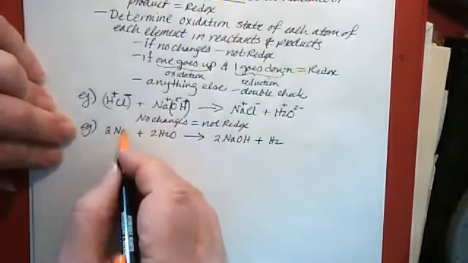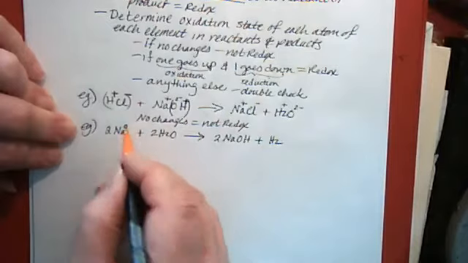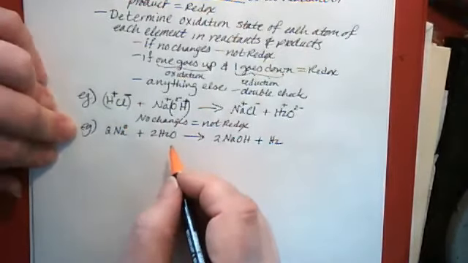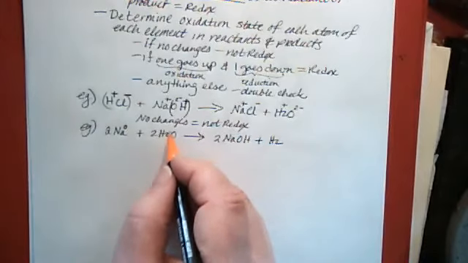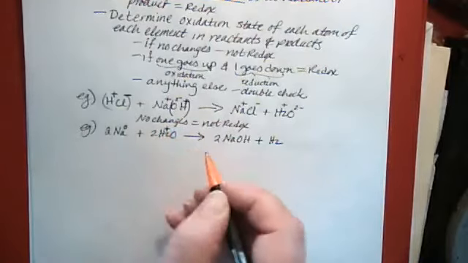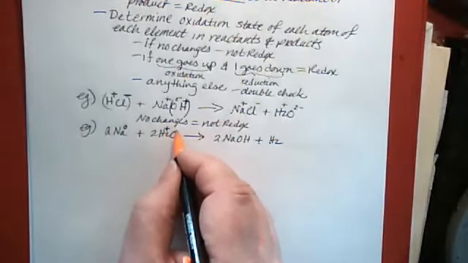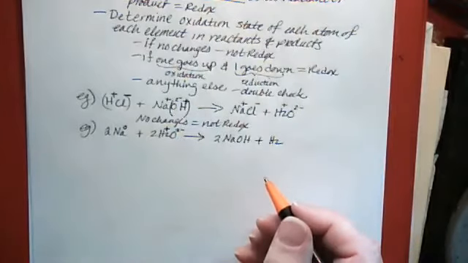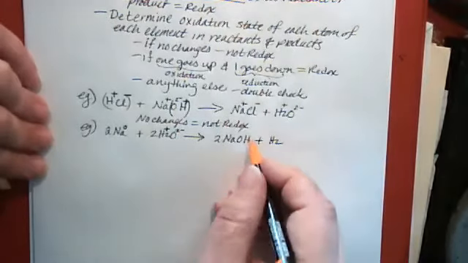Sodium on the reactant side is a free element, so that has 0 charge on it. In H2O, we have hydrogen with another nonmetal, so each hydrogen will be +1, and oxygen will be -2 with everything except fluorine. So that was easy enough.